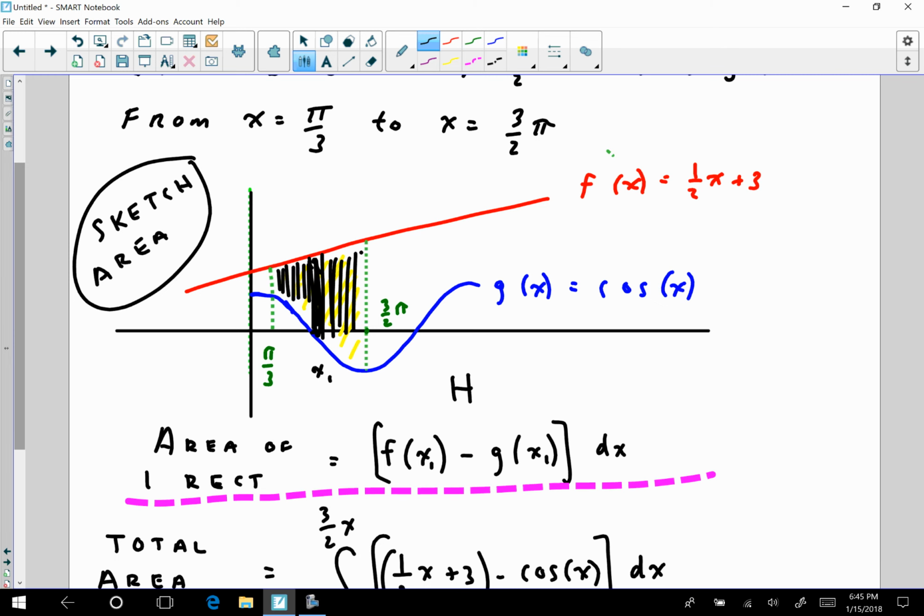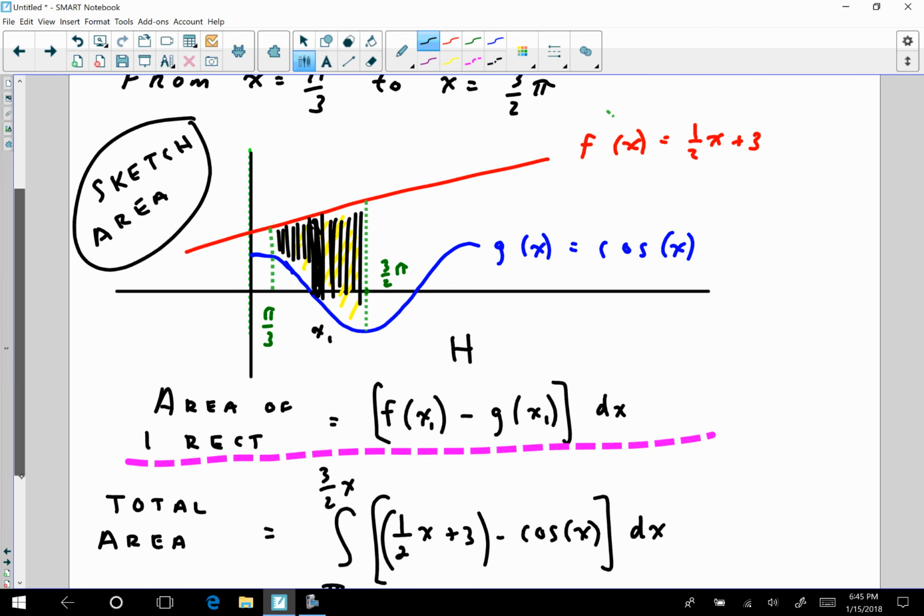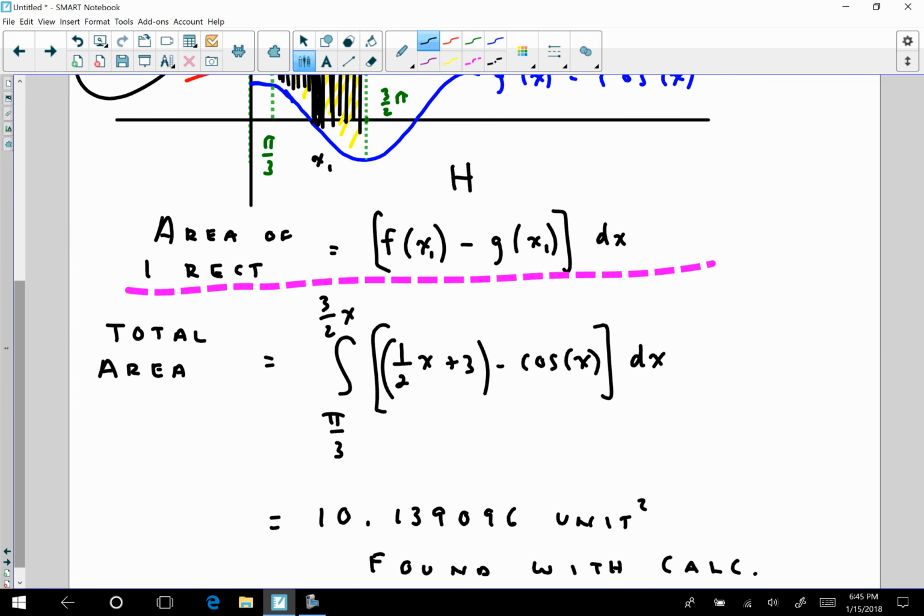And how do I find that? This is where I'm going to use the sigma notation or the definite integration notation. This stands for the sum of infinite rectangles. And what do I want?